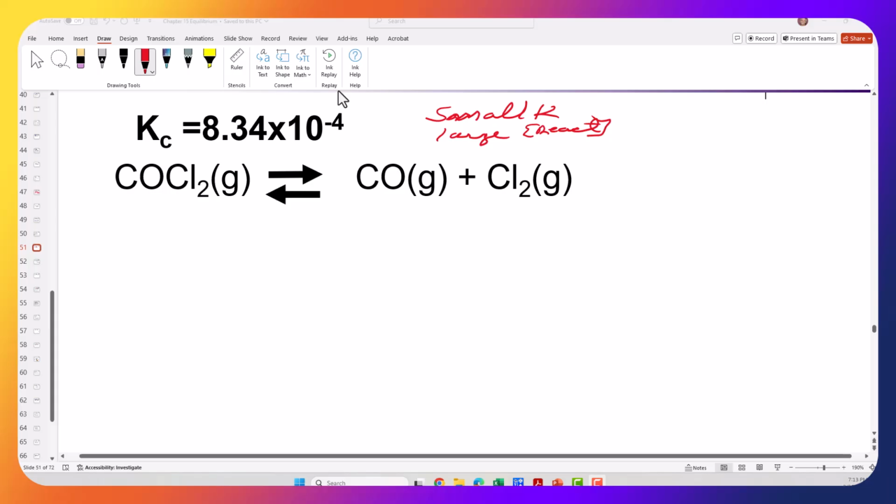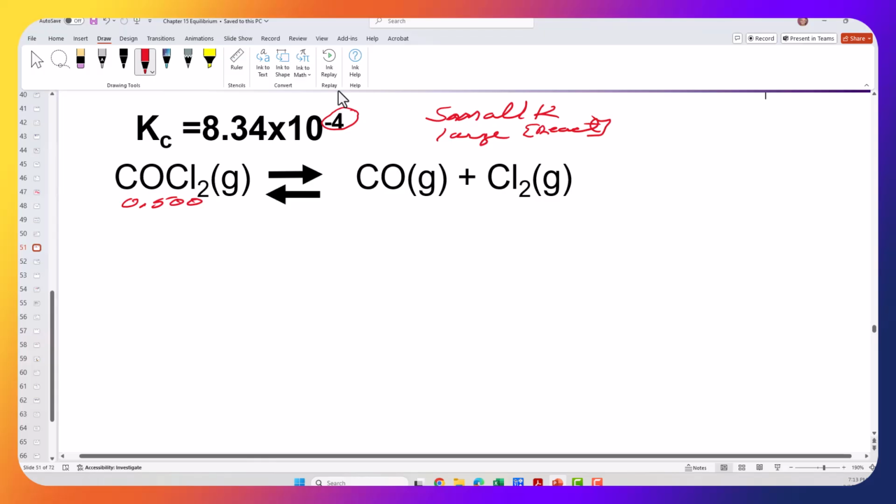The concentration that I'm given for this problem for my reactant is 0.5 molar concentration, or 0.5 atmospheres. And what you need to remember is this 0.5 molar or 0.5 atmospheres is a large concentration with respect to this tiny 10 to the minus 4 equilibrium constant.